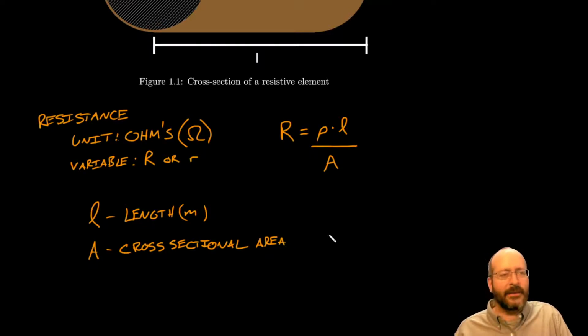Generally we don't have a wire that's a square meter in diameter, so it might be something smaller than that, but that's an SI prefix, and we know what to do with those. But the base unit is square meters, and then rho is what we call the resistivity.